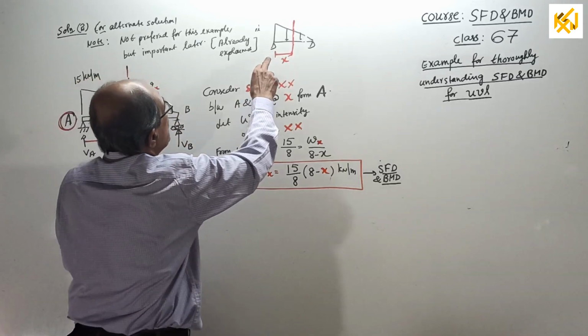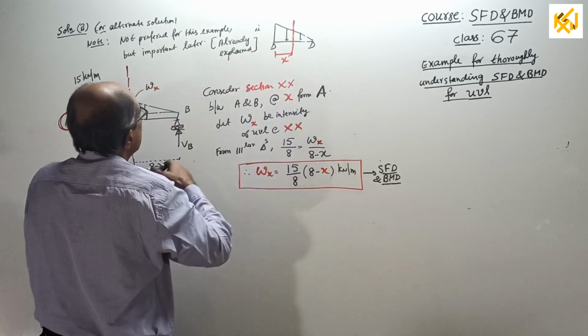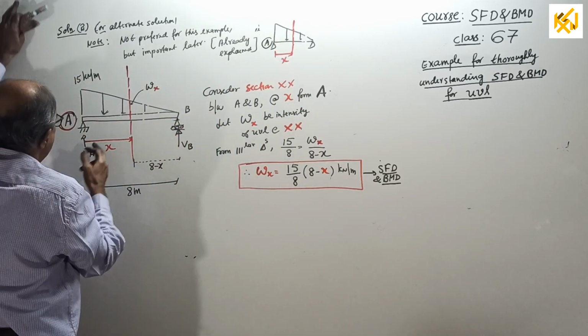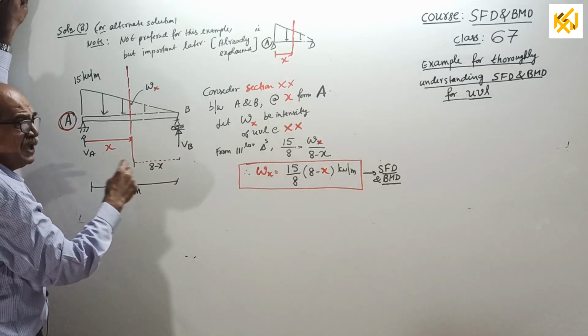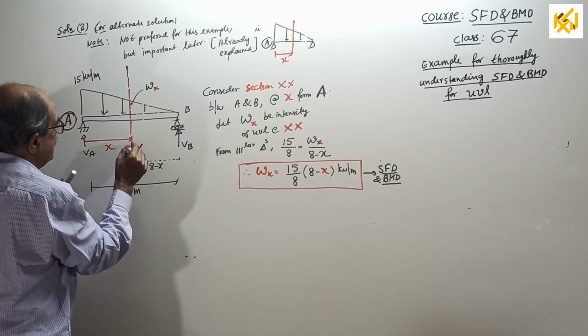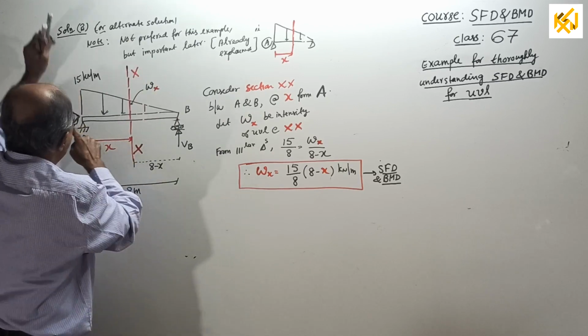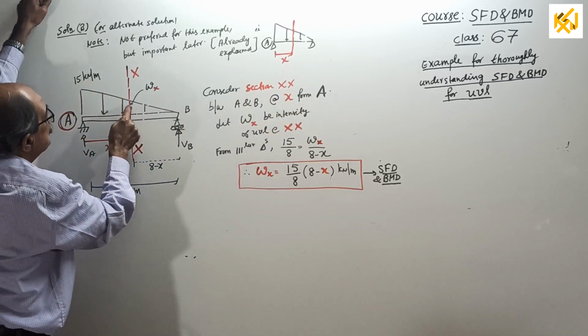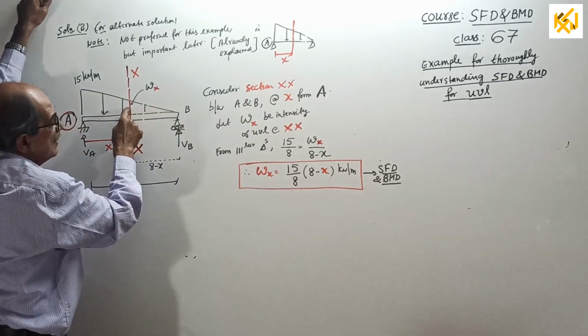Okay, remember, x is from here, that is x from A. So, start the solution. I am not entering the reactions here. Consider section xx, I forgot to write xx only, between A and B at x from A. Let W suffix x be the intensity here.